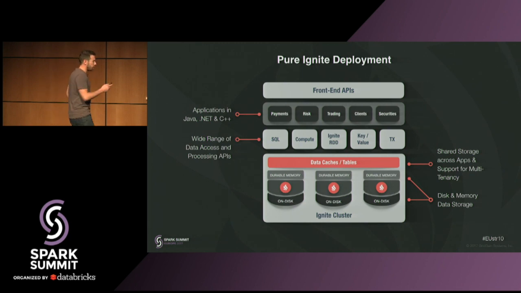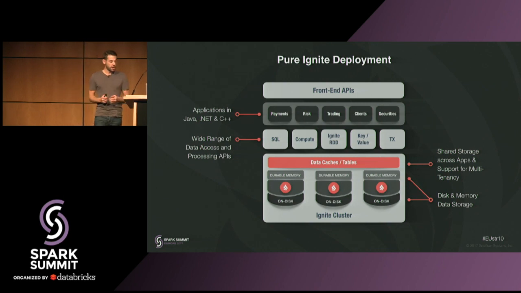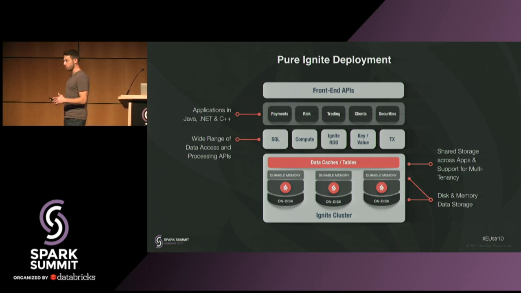Now here, what's interesting, after we released the Ignite native persistence, we have what we call durable memory, right? So that's the ability to not only store data in memory, but also overflow onto disk. And what happens there is we actually have the superset of the data on disk, right? And then we can load that in memory as required.